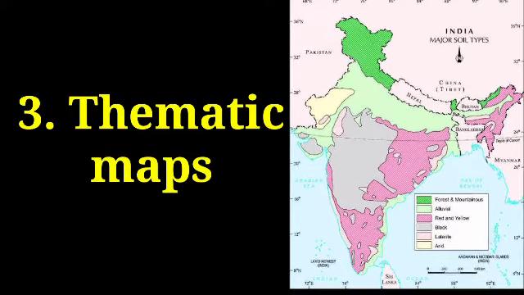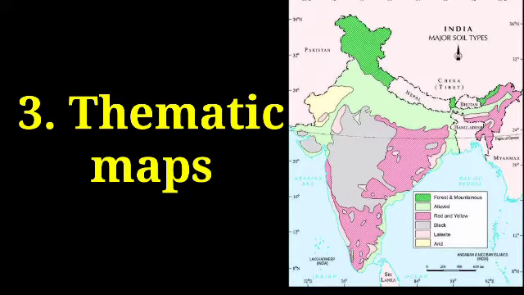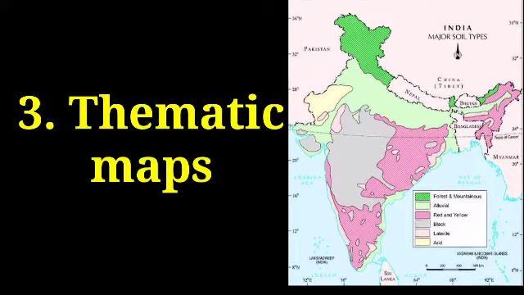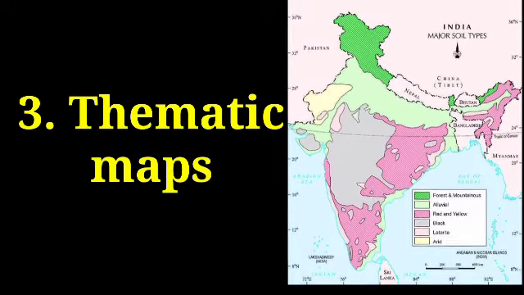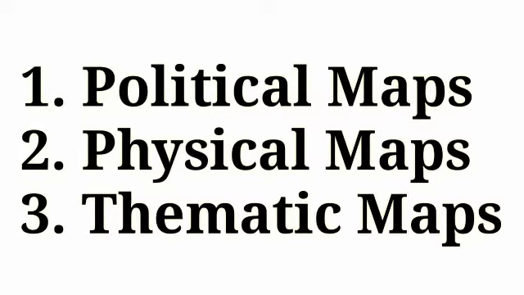When a particular theme is represented with any kind of map, that map is known as a thematic map. So the three kinds of maps are: political maps show the political boundaries of countries, physical maps show the physical features, and thematic maps show a particular theme.